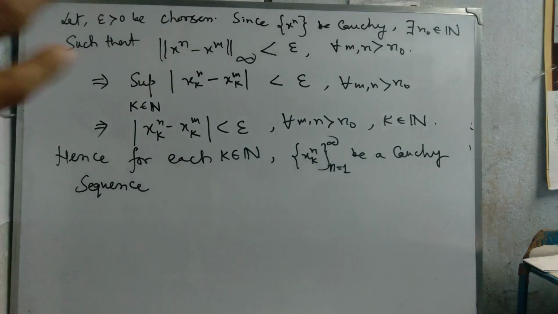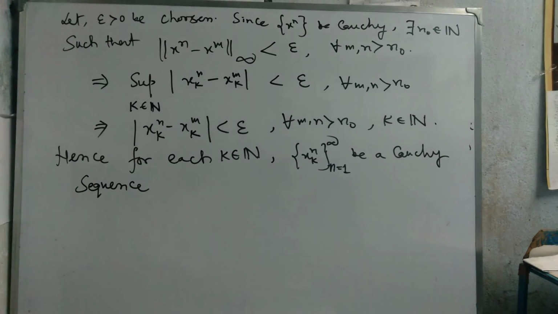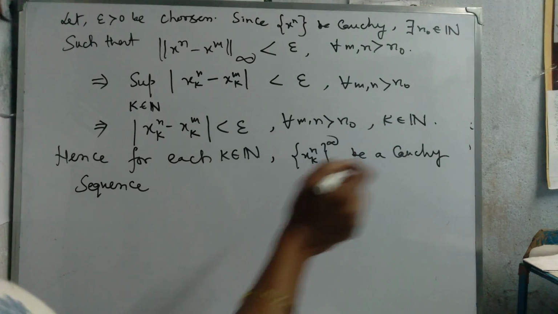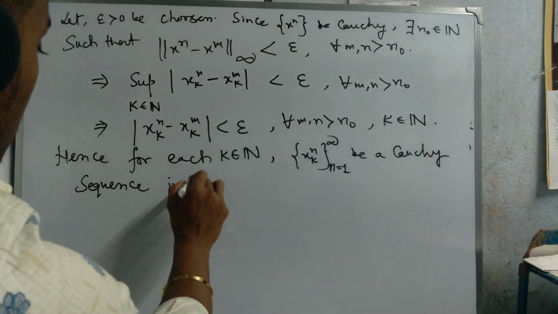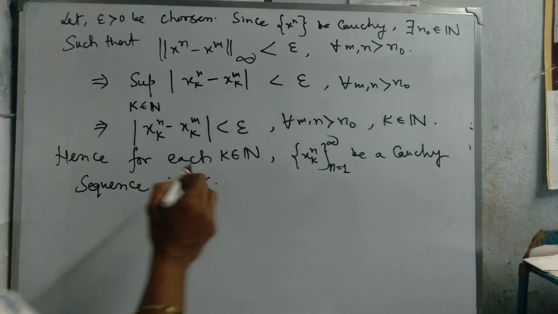If we consider l infinity, in this sequence one element is contained, so just one from this infinity tuple. So this is a Cauchy sequence in any field K. So we know about that.